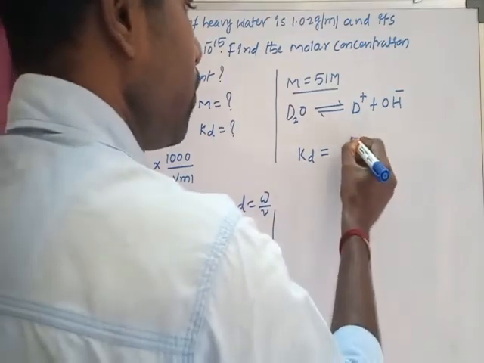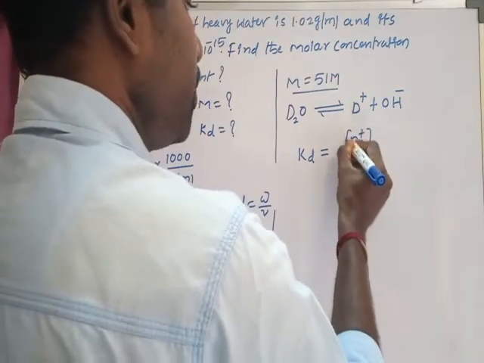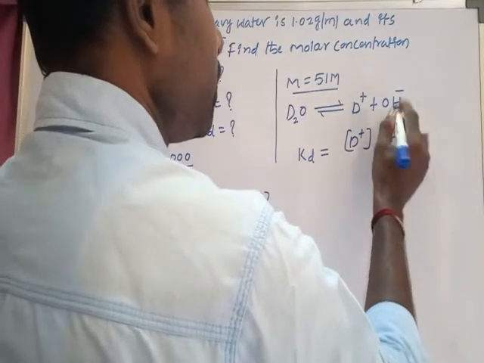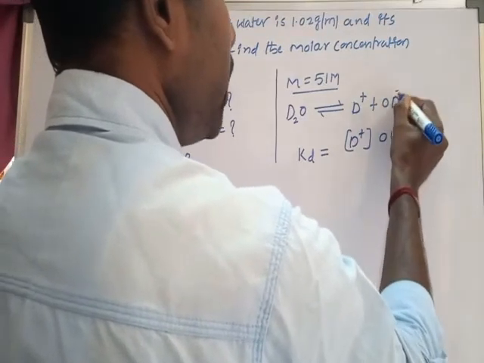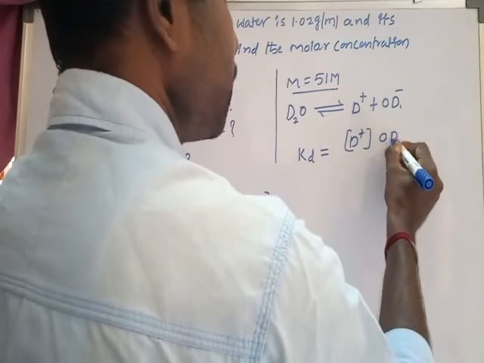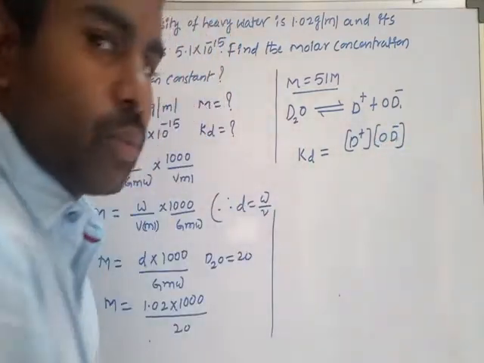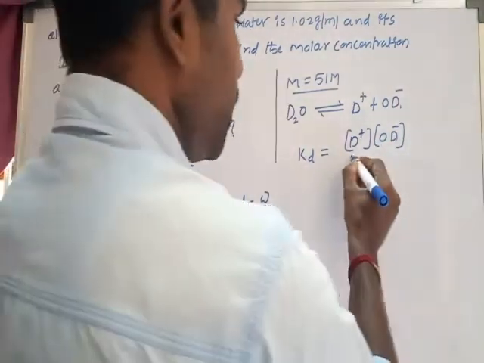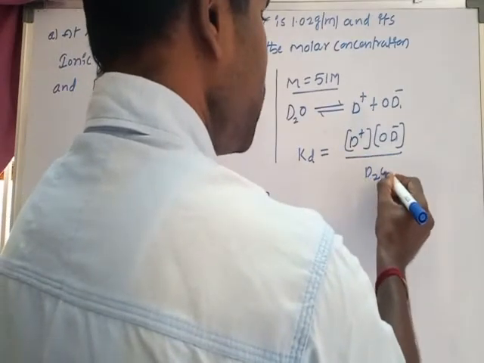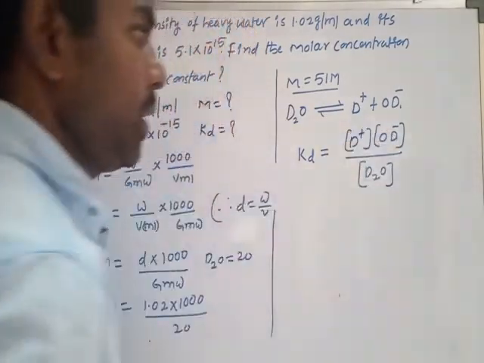Dissociation constant equal to the product of the molar concentrations of the products, D plus and OD minus, divided by the molar concentration of the reactant.